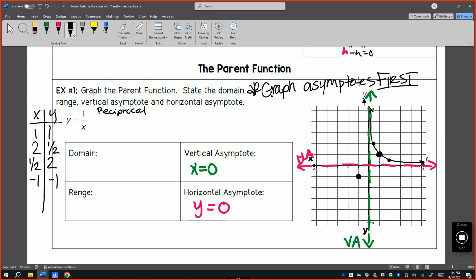Okay? And then if I plug in -2, the reciprocal of -2, flip over the fraction, would just be -1/2, right? So when x is -2, y is -1/2.